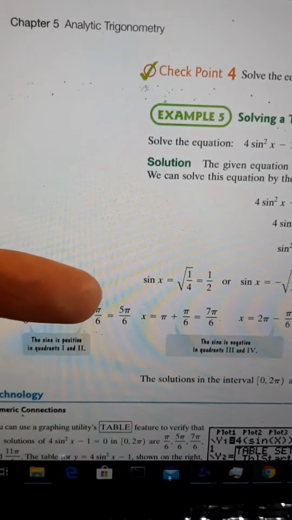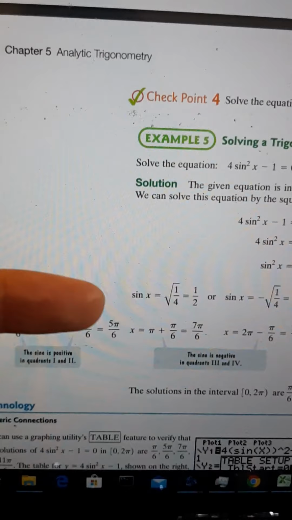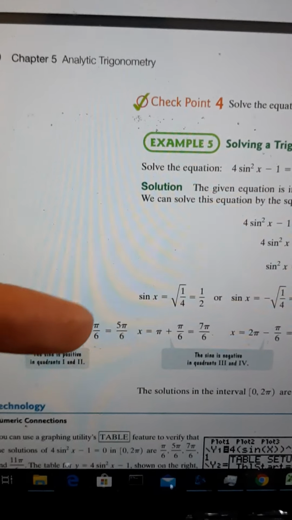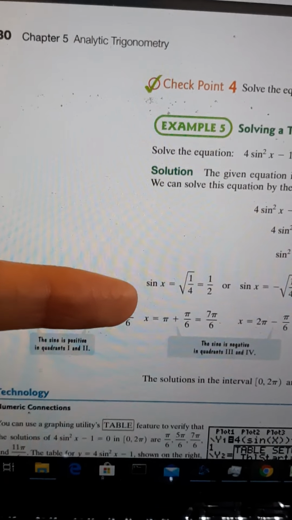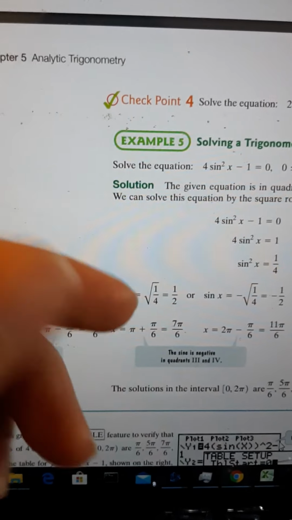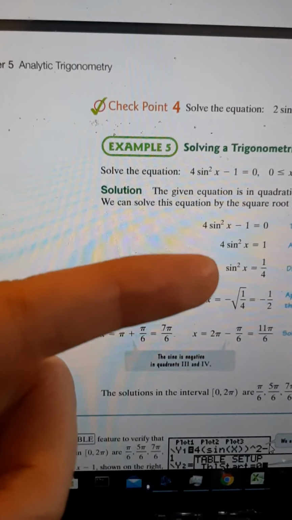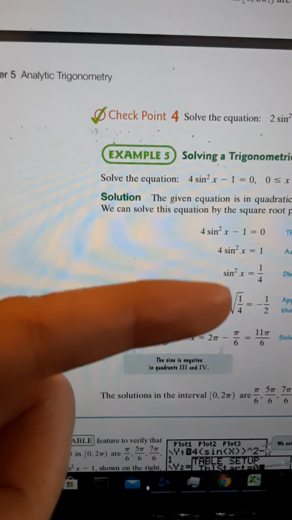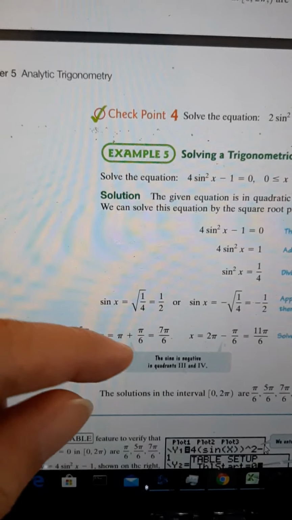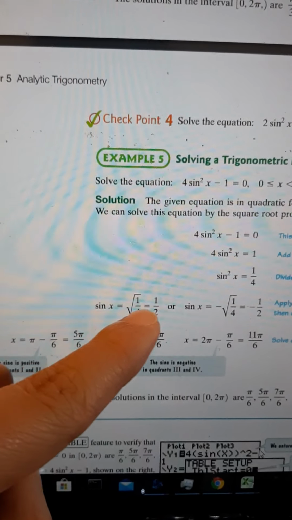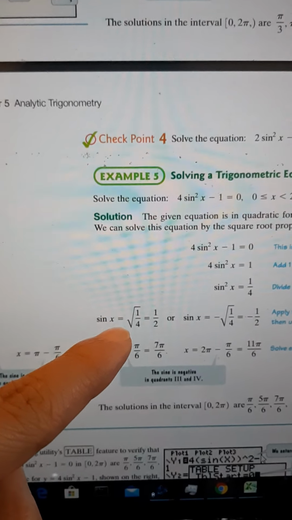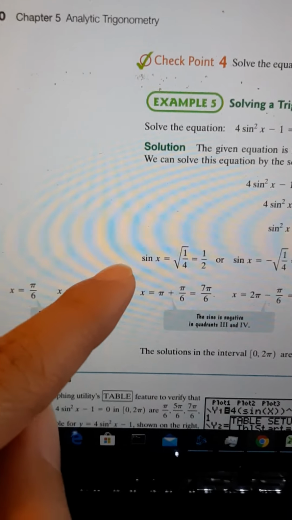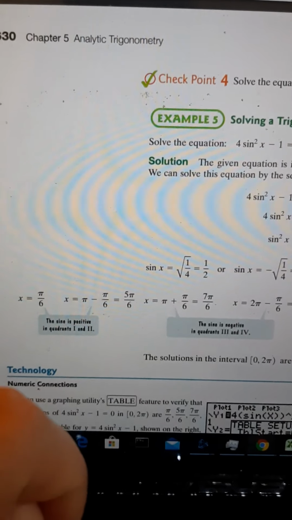Well, here's the answer. You take the square root on both sides of the equation. Right? So the square root of sine squared of x would be sine of x. And the square root of 1/4, well, the way we do this is the square root of 1 is 1, and the square root of 4 is 2. So it's telling us that sine of x must be equal to 1/2.